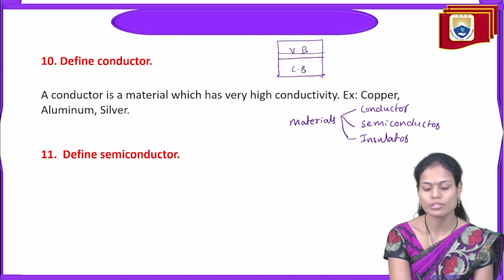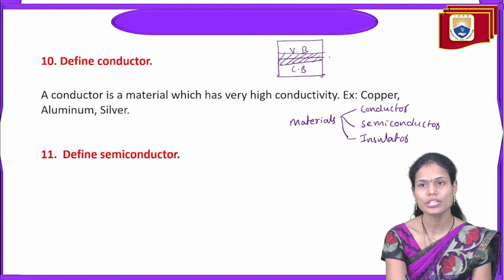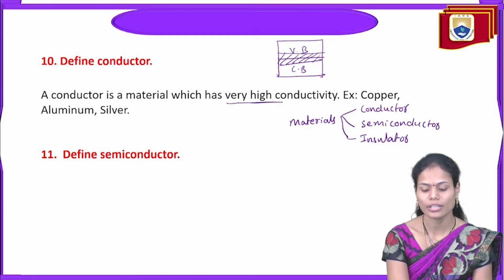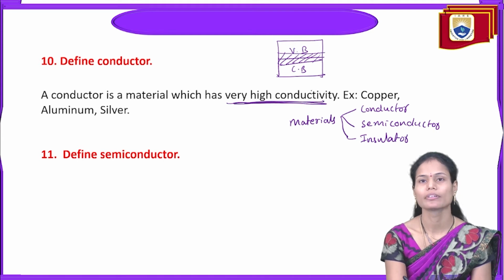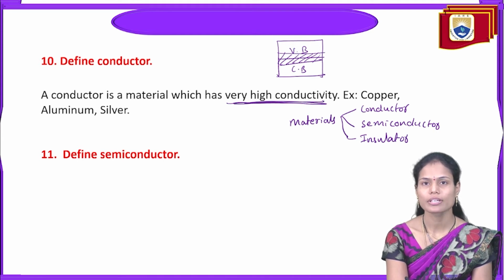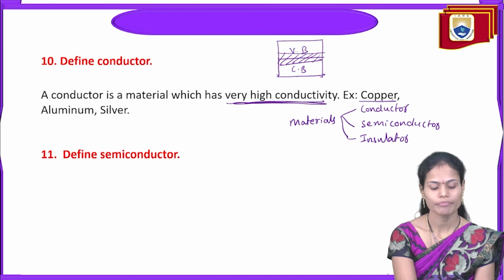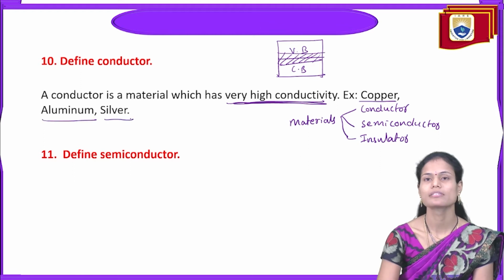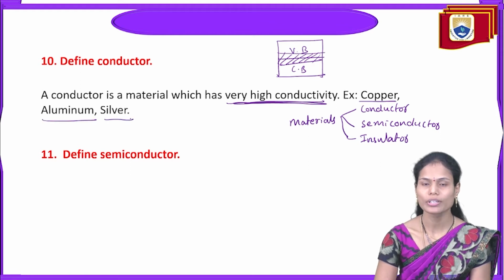In this case, both the bands are overlapped. So there is no energy gap between the valence band and conduction band in a conductor. That's why it has very high conductivity. The examples for conductors are copper, aluminum and silver. These are all good conductors.